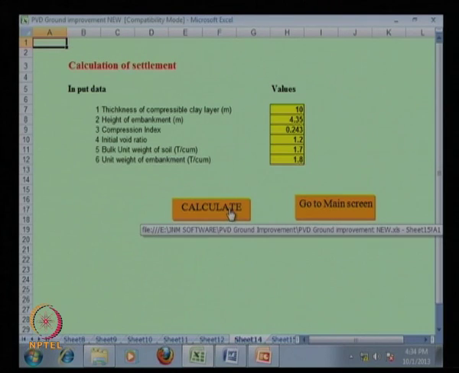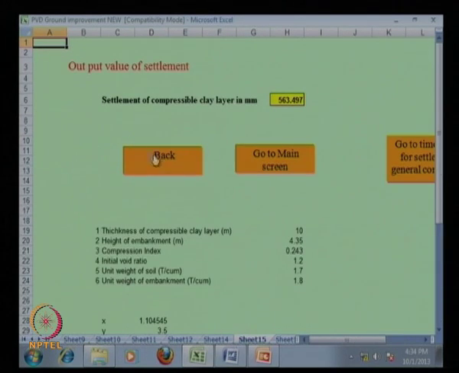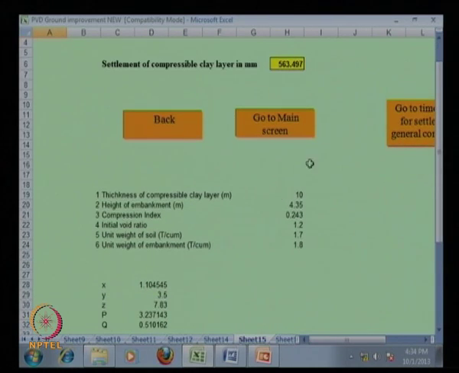Now, you calculate. So, you can obtain the output value of the settlement, that is settlement of compressible clay layer is 563.497 millimeter. So, you calculate initially what is the bearing capacity and then you calculate what will be the settlement.